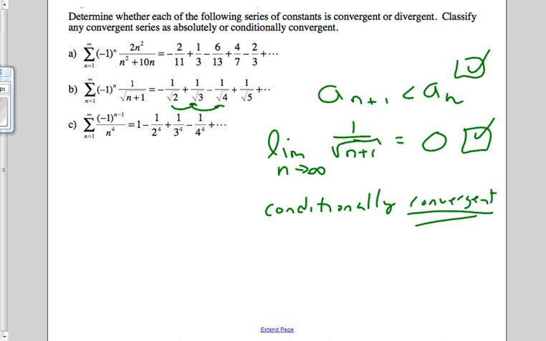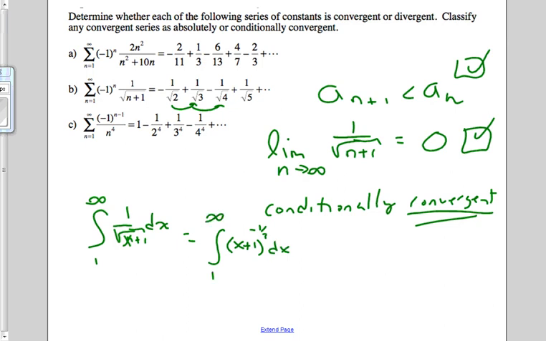And the last thing that we need to check is whether or not it is in fact absolutely convergent. So in order to do that, we need to think about it when we take the absolute value. So thinking about the absolute value, that's the integral from 1 to infinity of 1 over root x plus 1 dx. It might be easier for us to think about it if we write it as the integral of x plus 1 to the negative 1/2 dx from 1 to infinity.